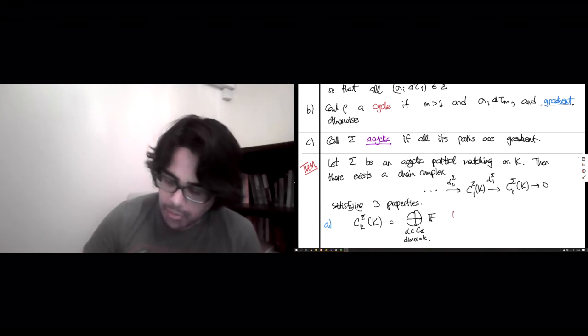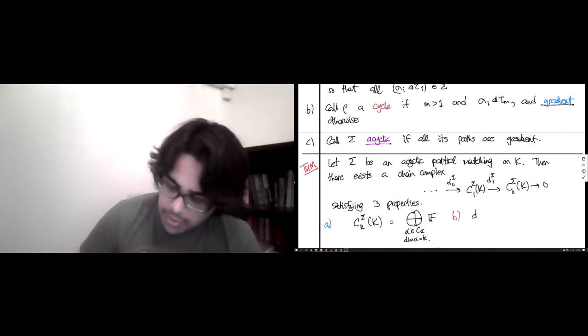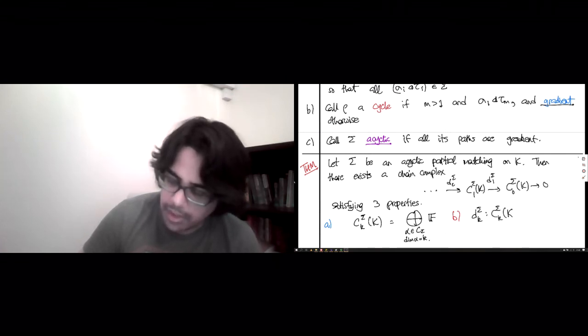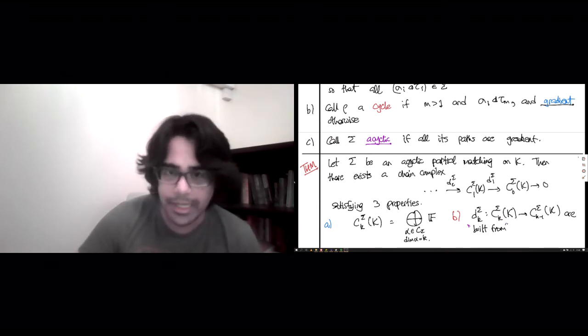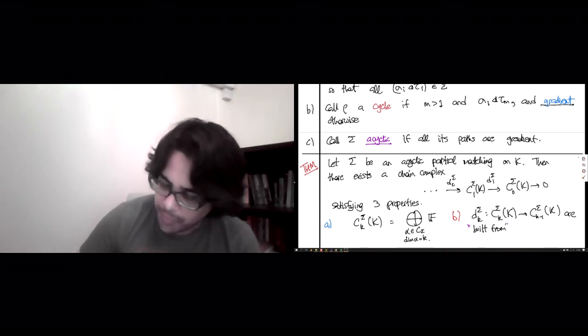Here is the second property. The boundary maps that go from the kth chain group of this tiny complex to the (k minus first) one are built from, and making this precise is going to take the next couple of lectures, are built from the sigma paths.